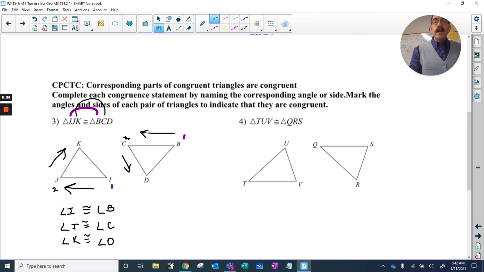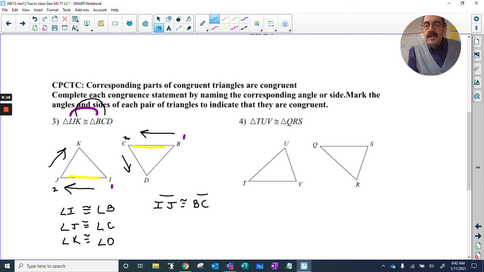Now let's do the segments. Segment, segment, in that order. So the sides, we're going to go IJ, BC. IJ is congruent to BC. Yep.